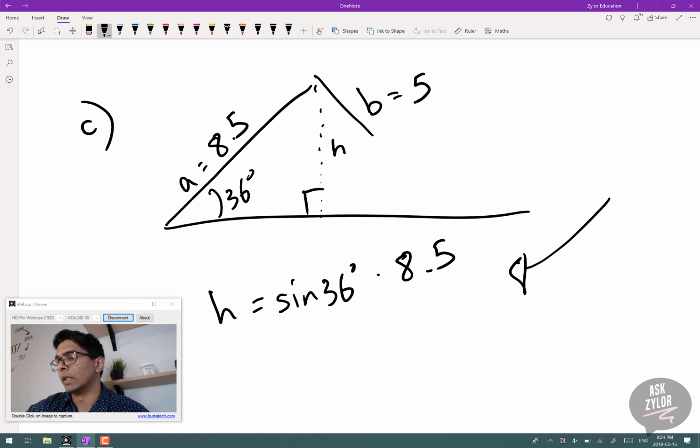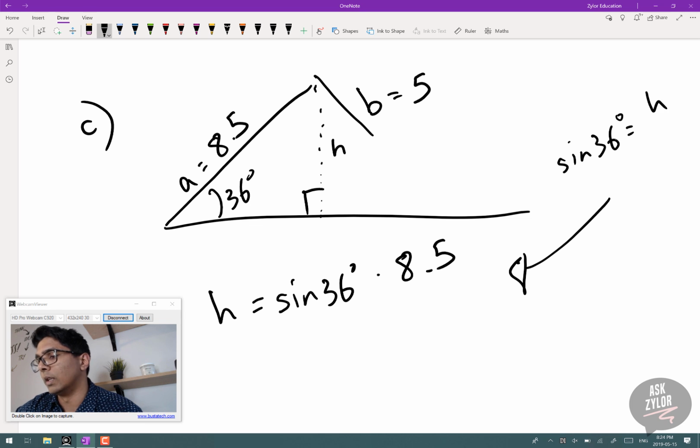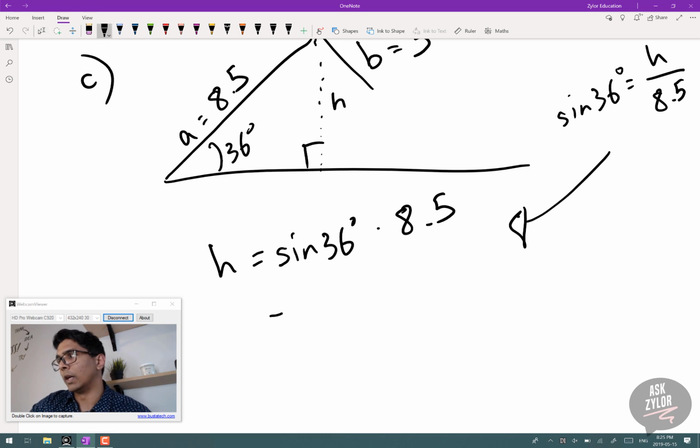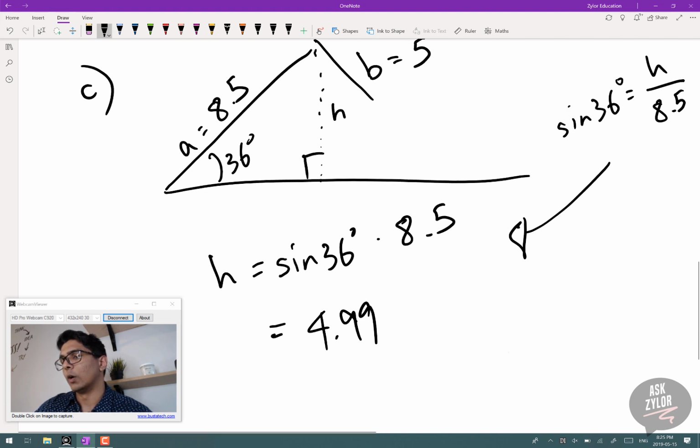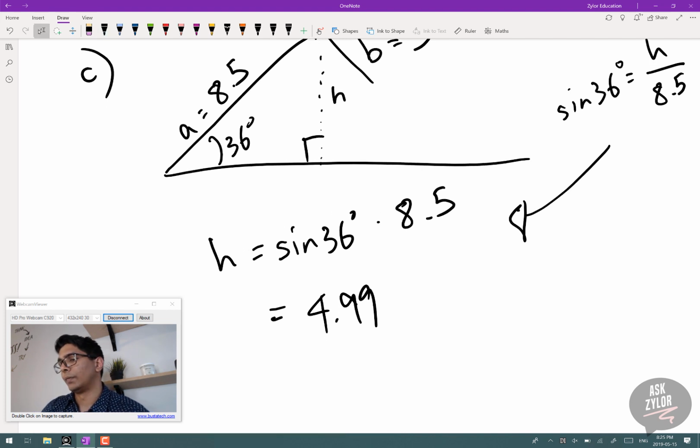Just to clarify where I'm getting this, I'm using sine 36 degrees is equal to opposite over hypotenuse. My opposite is my height, my hypotenuse is 8.5. So my height ends up being 4.99. Now I'm going to compare that with my B value.